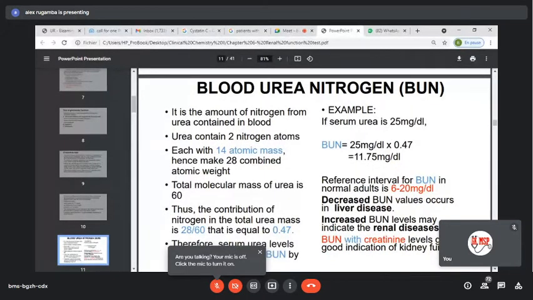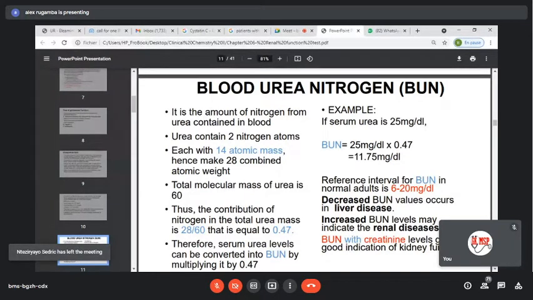So after creatinine, there is also blood urea nitrogen. Blood urea nitrogen, or BUN, is the amount of nitrogen from urea contained in the blood. We know that urea contains 2 nitrogen atoms, and each of these 2 nitrogen atoms has an atomic mass of 14, which means the 2 make 28 atomic weight.